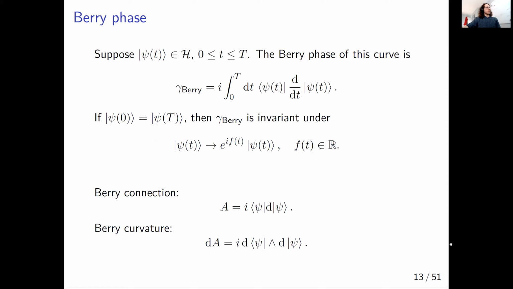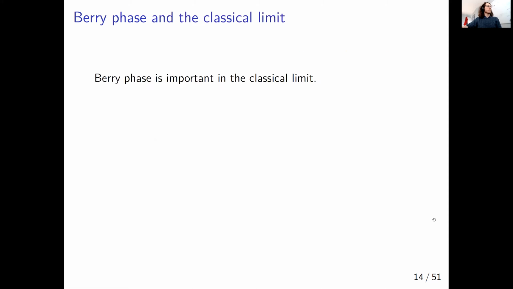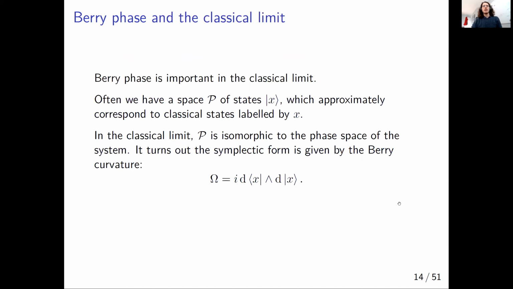Besides the Berry phase being quite a natural object, there's another reason to be interested in it. It's quite important in the classical limit. Such limits are often defined by specifying a space of quantum states, X, which approximately correspond to classical states of the system.